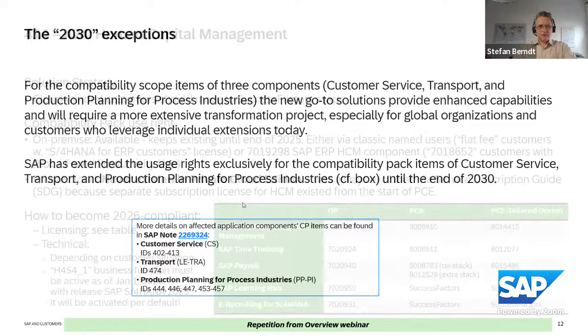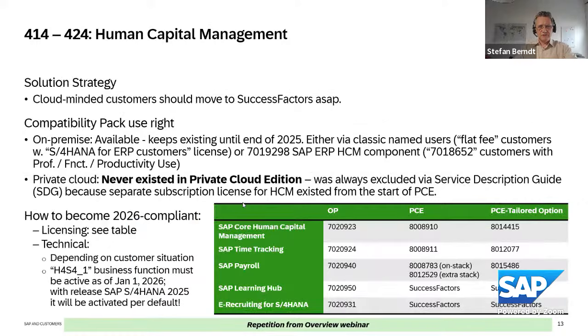Now coming to the first function area, which was also already explained in the first session. Therefore, just briefly here, one of the major topics is human capital management, or HR. This was replaced in release 2022 with a successor functionality, SAP HCM for SAP S/4HANA.